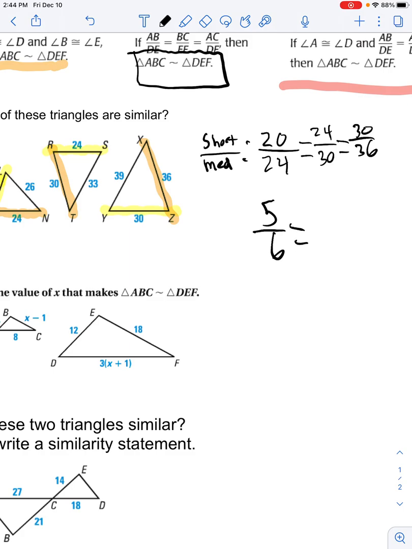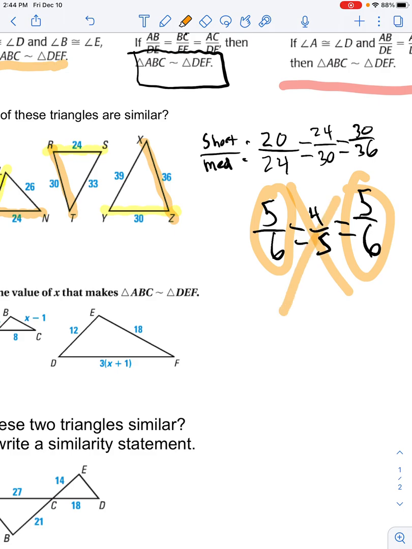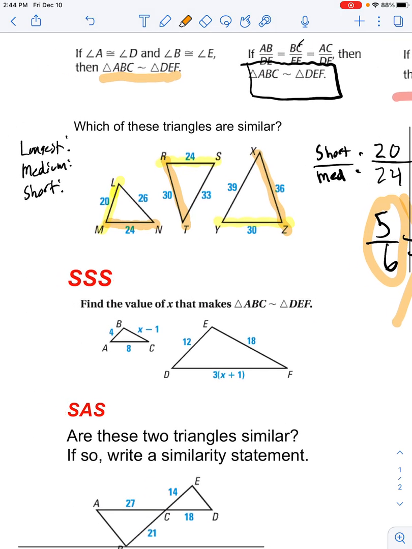We'll just simplify it: I take out a 4, and this is going to be 5/6. Actually, for this one I'm going to factor out a 6, divide by 6. You should get 4/5, so that's not the same. And then if I factor out a 6 of this one, I get 5/6. So it looks like I have two that are 5/6 and one that is 4/5.